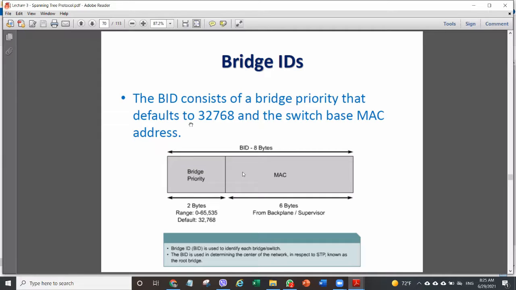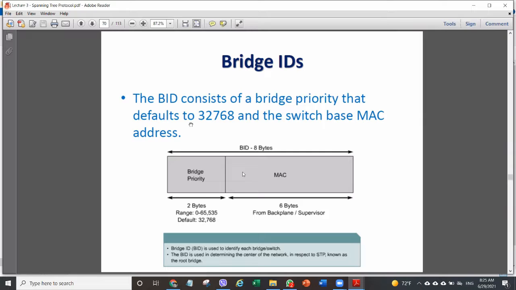That means the bridge priority is always assigned. That priority is used to finalize which one is the root. Here the default value is 32768, right? That is the default value.